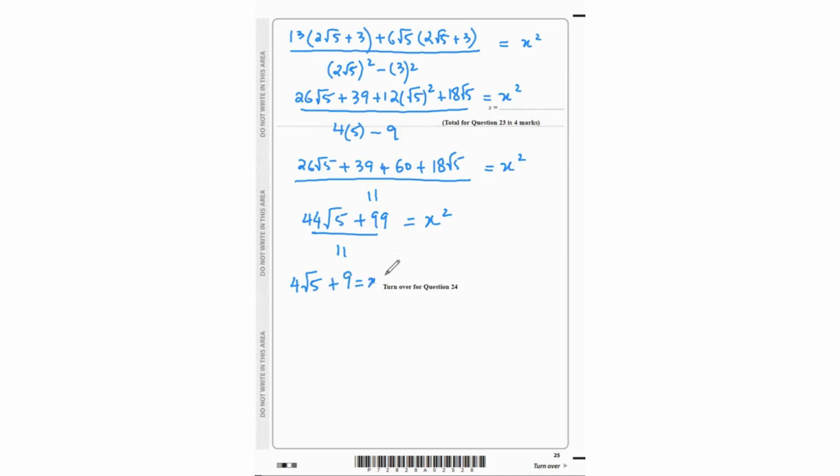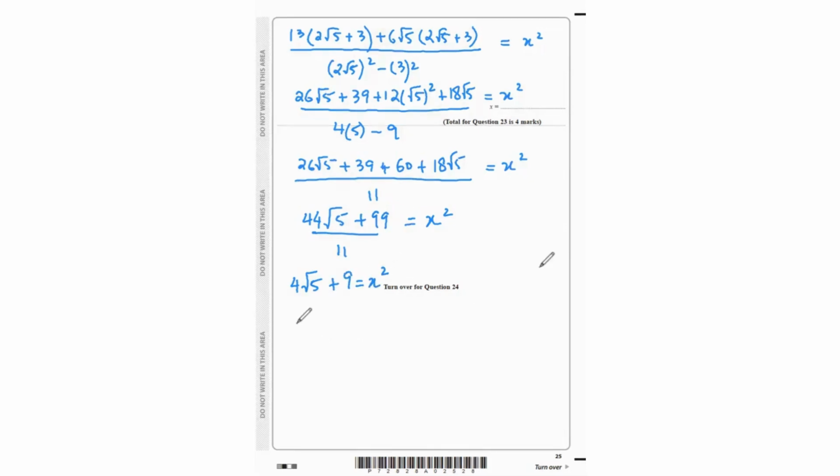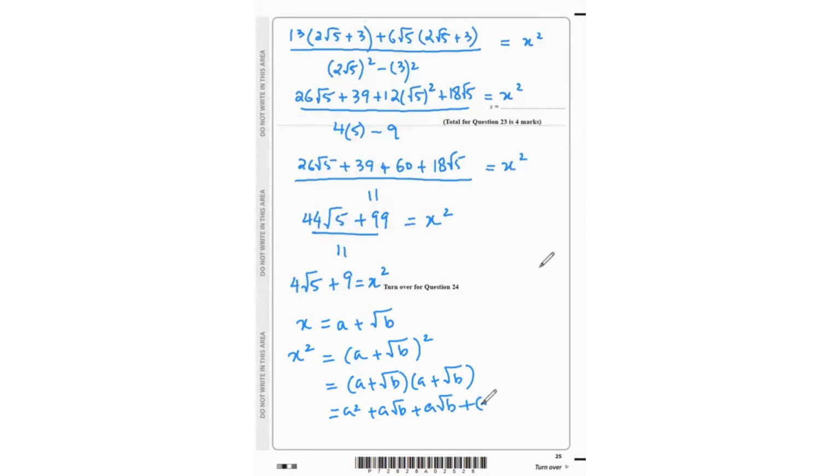Now, as the question said that x equals a plus root b, this is the format they want the answer in. So if we square x, that's a plus root b being squared. That's going to be a plus root b times a plus root b, which is a squared plus a root b plus a root b plus the square of root b.